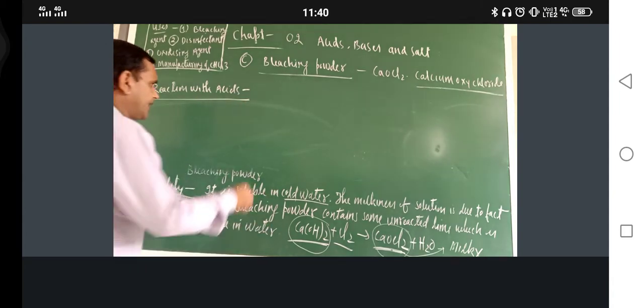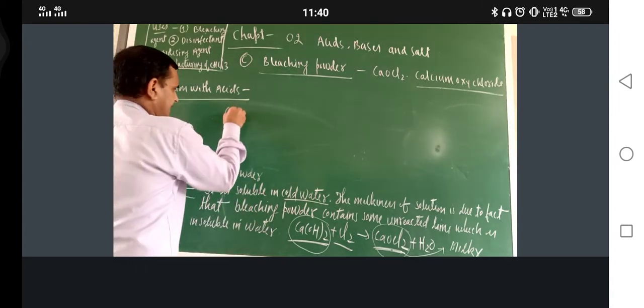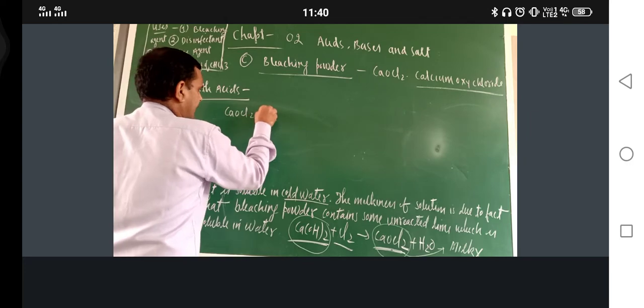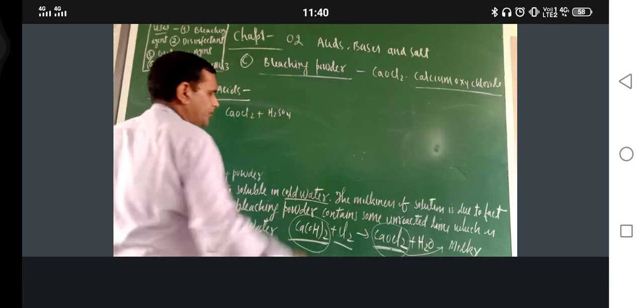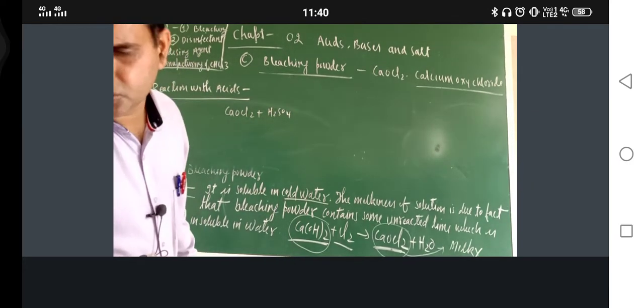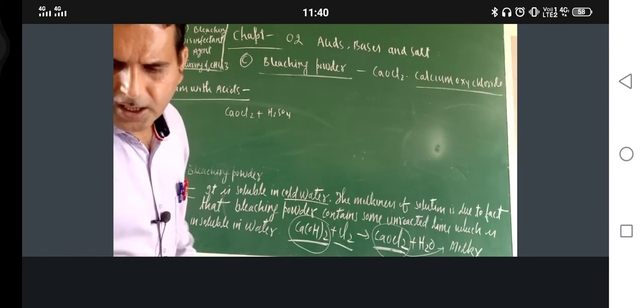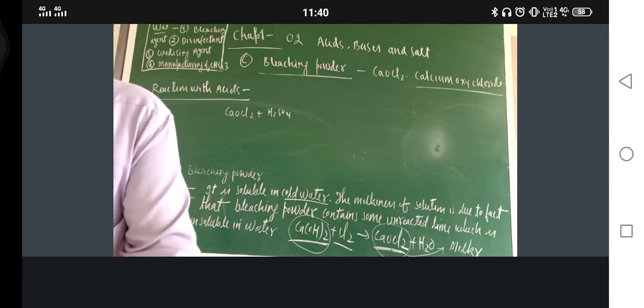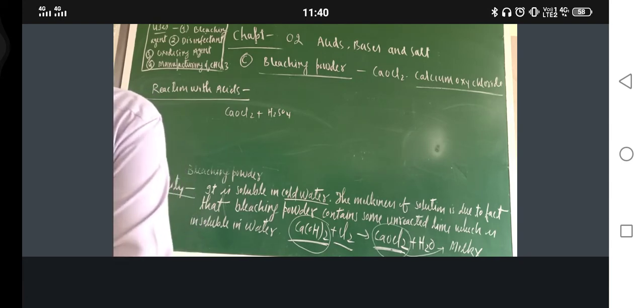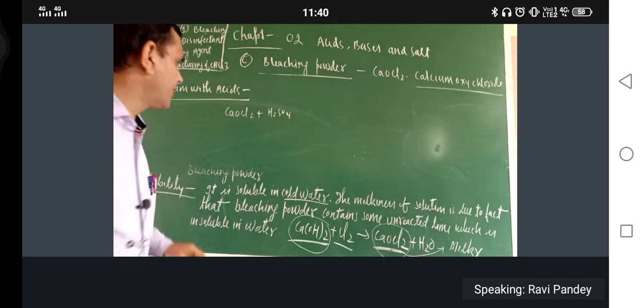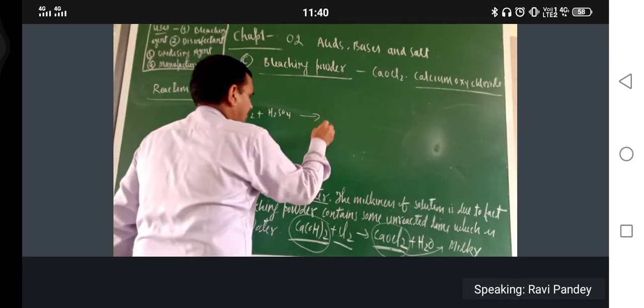Just take bleaching powder, CaOCl2. Take here H2SO4. You can take HCl also. There is no issue. Now here I have taken H2SO4. Why I have taken H2SO4? That also I will explain. You can take HCl. There is no issue. Okay. H2SO4. So what would be the product?